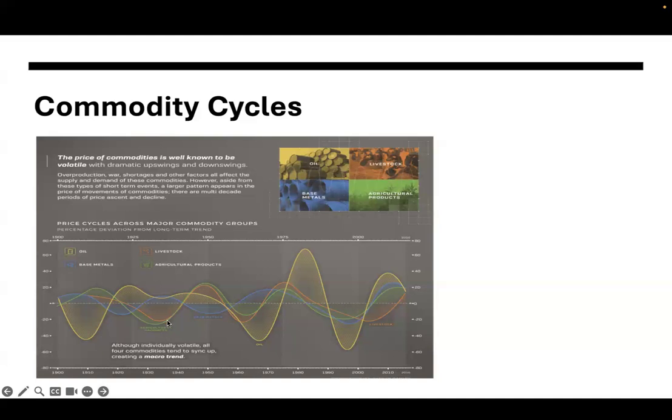There was a big commodity cycle. And then for the next 20 years, from 1950 to 1970, it went down again. And then it picked up during the 1970s and so on. So we go through these cycles every 10 to 20 years, one way and then the other way.